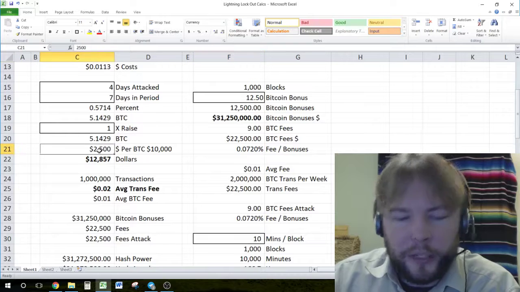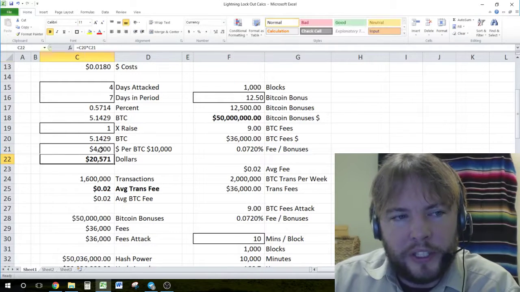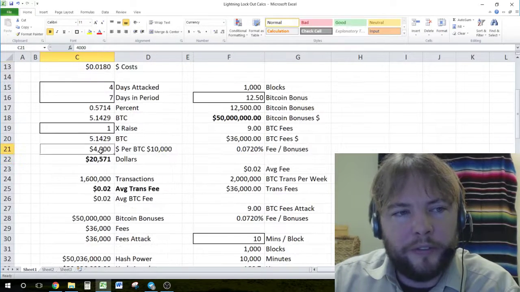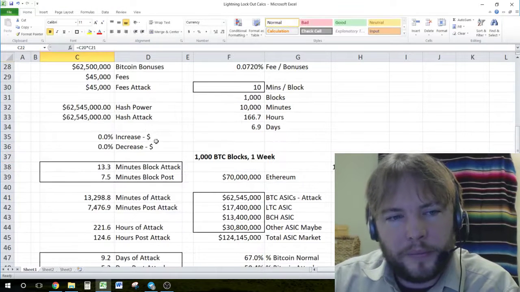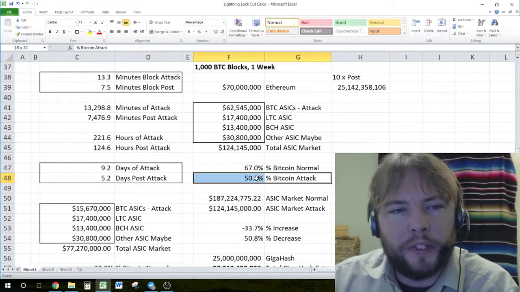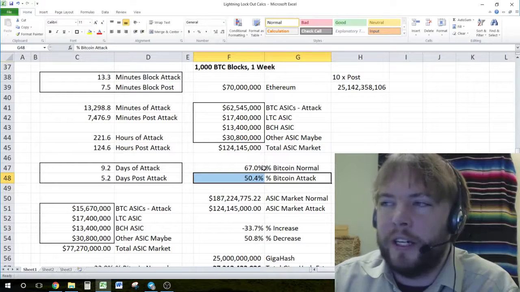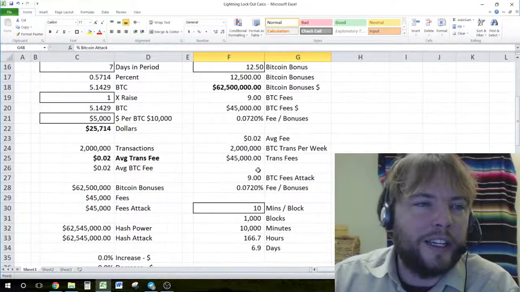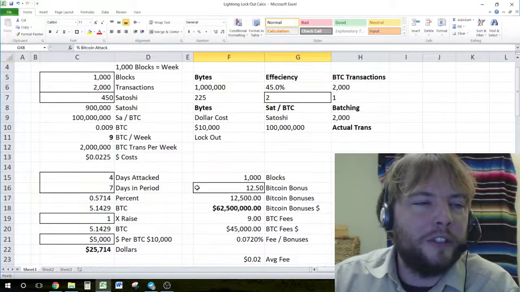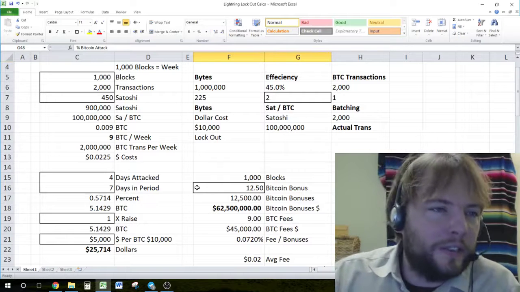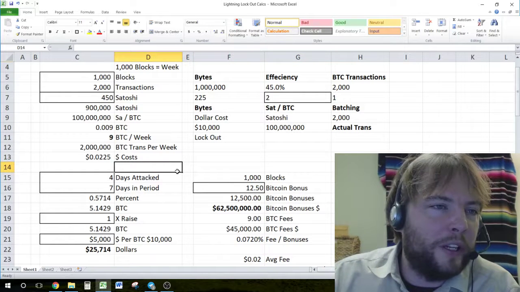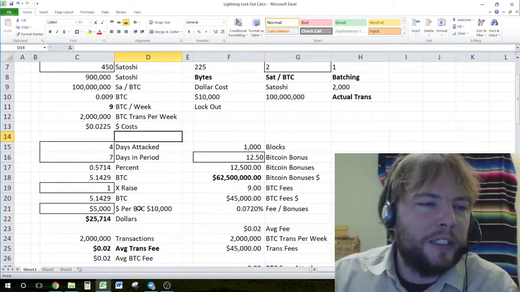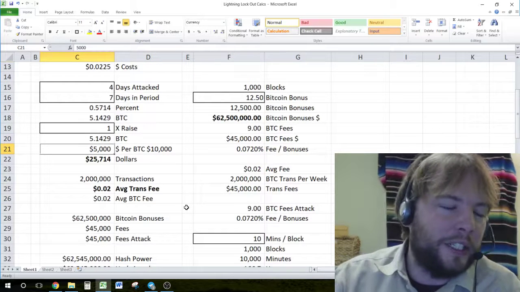So if Bitcoin was to get a value of roughly $5,000, then Bitcoin is roughly 50% of the available hash on the network. And if everyone else coordinated against Bitcoin, then they could attack Bitcoin, assuming that all known ASICs capable of mining Bitcoin are actively in use. So that's at roughly a $5,000 price.